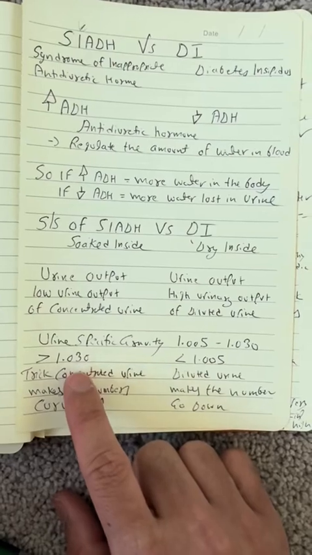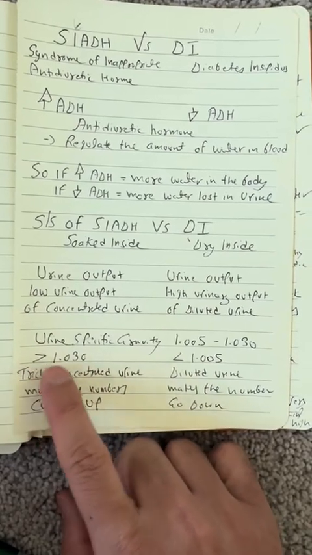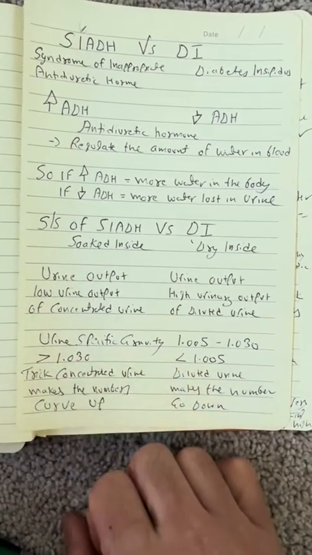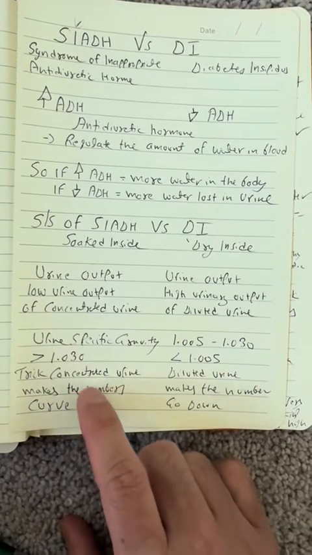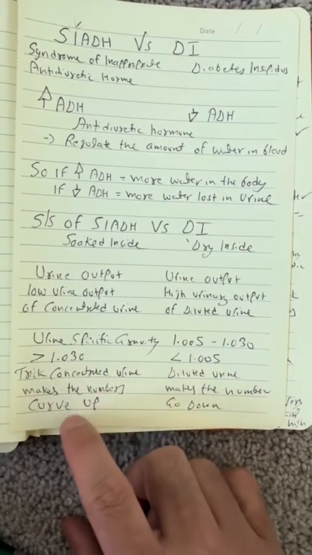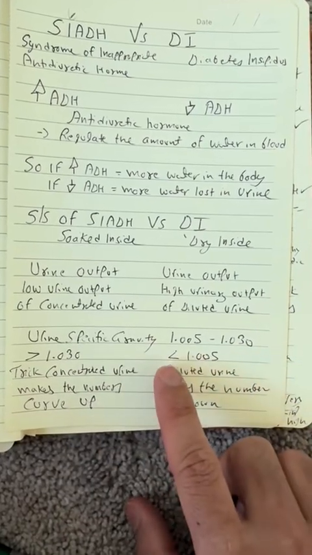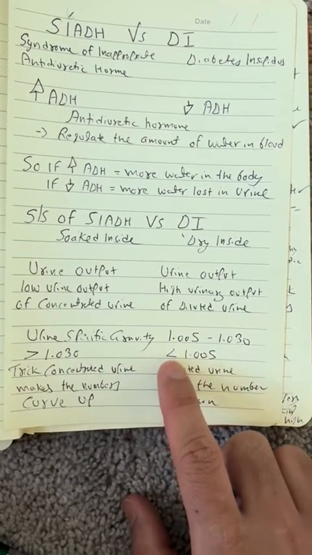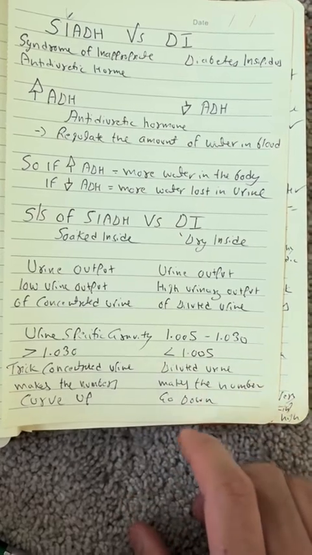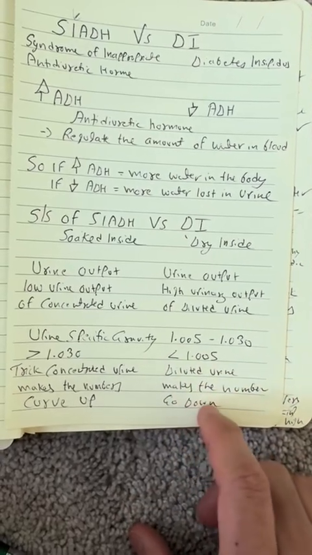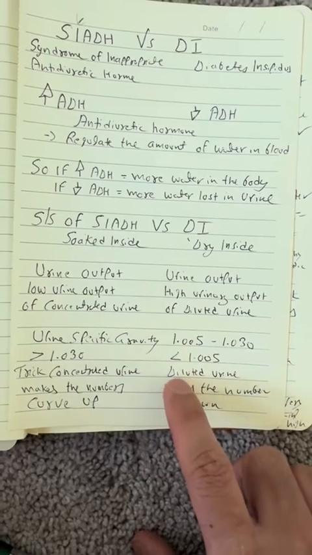In SIADH, it increases to greater than 1.030. The trick to remember is that concentrated urine makes the number go up. And in diabetes insipidus, the urine specific gravity gets less than 1.005. Diluted urine makes the number go down. So D means diluted, down.